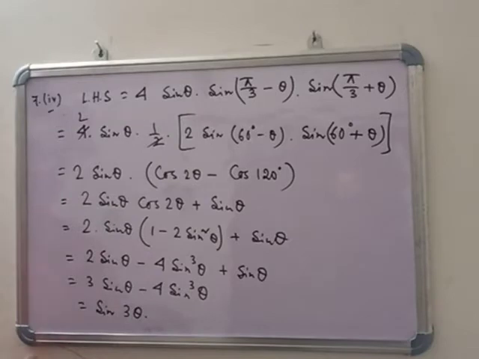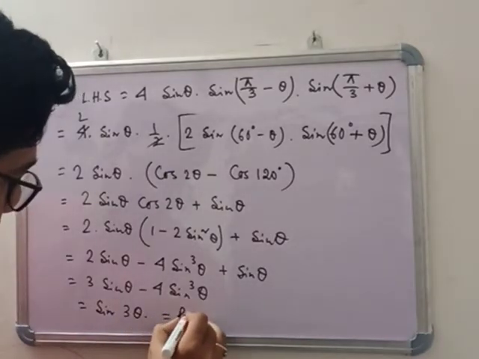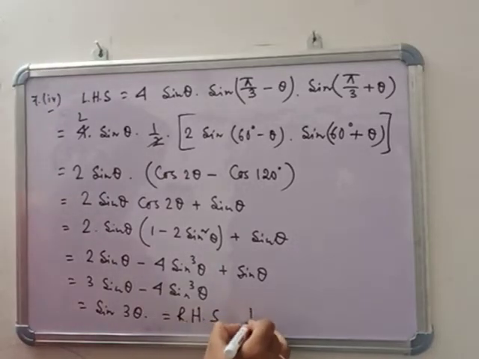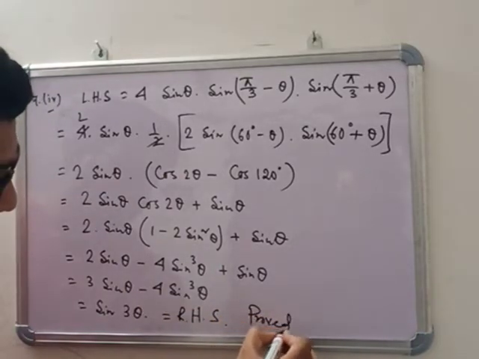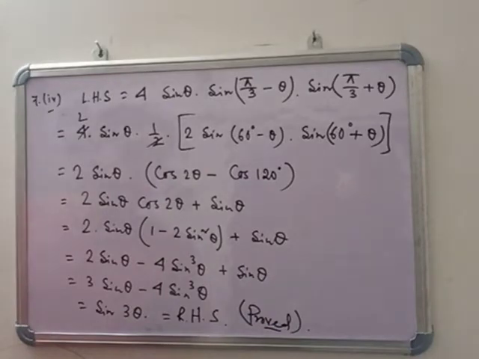Okay, this is the sine 3 theta formula. We are discussing this formula in the next chapter. Sine 3 theta equals 3 sine theta minus 4 sine cube theta, which is given as RHS. Proved. Next one.